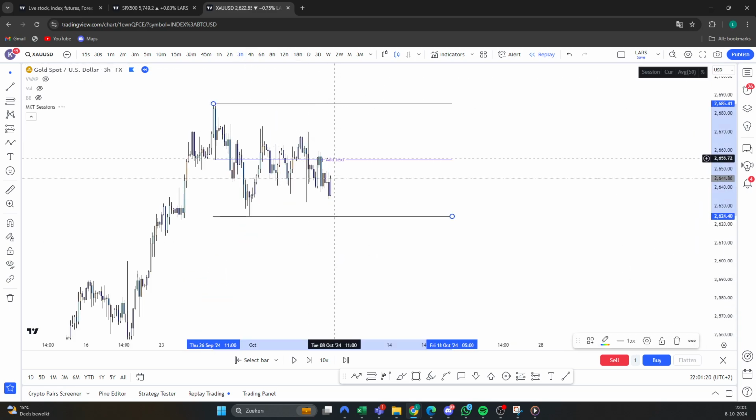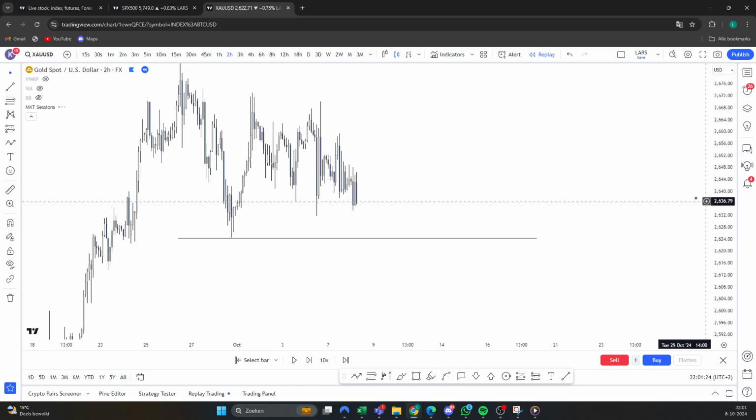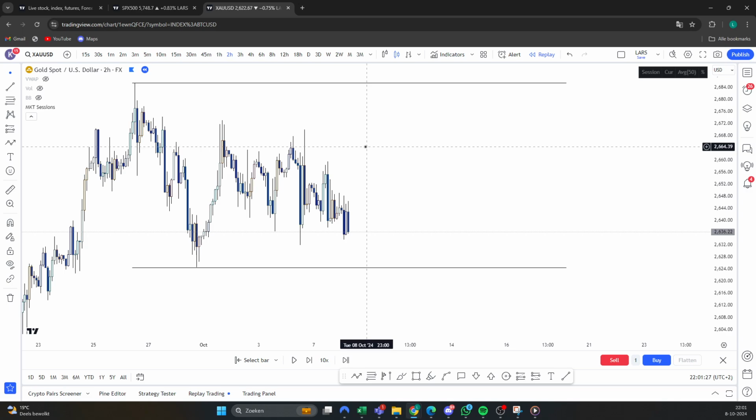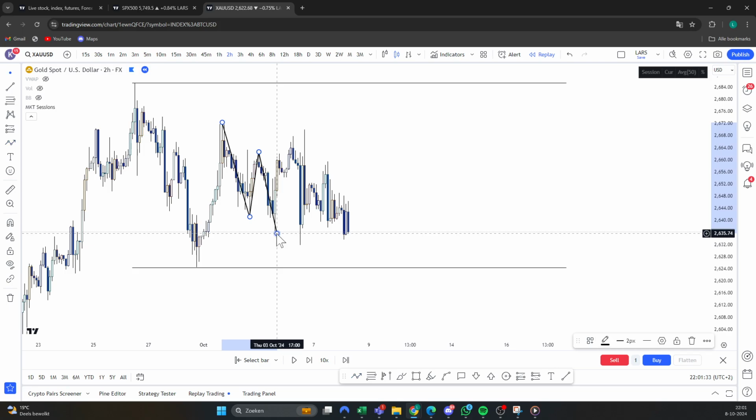So that's kind of what gold has been doing. It has just been ranging, and going more in depth, it has been ranging within a range, because looking at this most recent rotation, we have a low, a lower high, and a lower low.